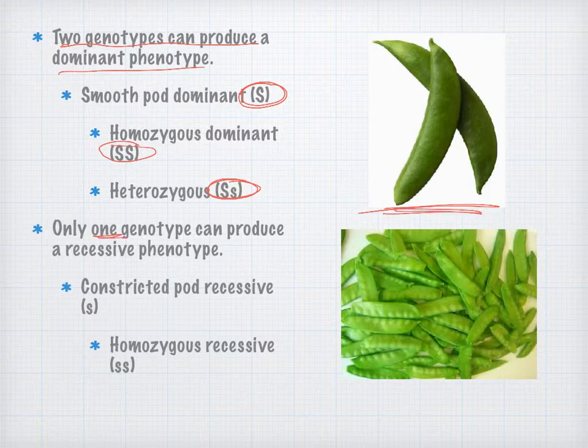Only one genotype can produce the recessive phenotype. Constricted pods are lowercase s, so the only way to get constricted pods like these is to be homozygous recessive, little s, little s, to produce the constricted pods.